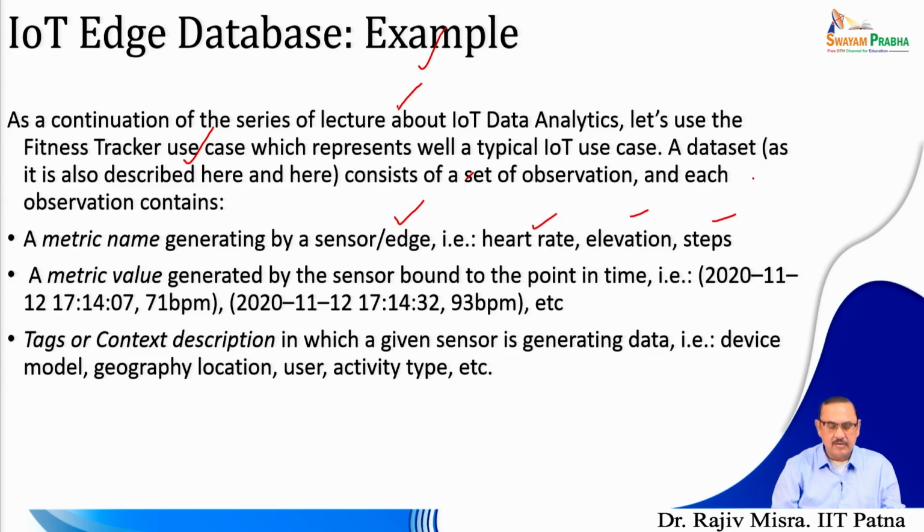So, these metrics will be generated by the sensor at the time, these times are mentioned over here, and the text or context description in which the given sensor is generating the data. That is the device model, geography, location, user, activity type and so on.